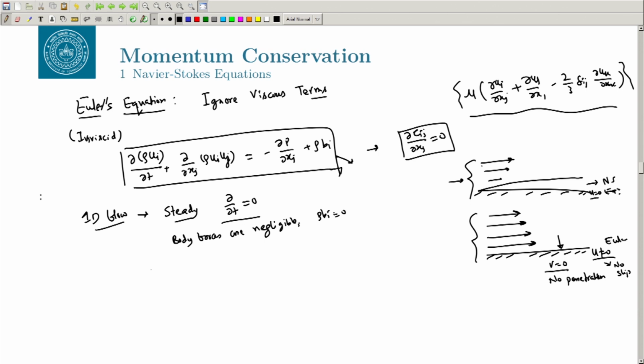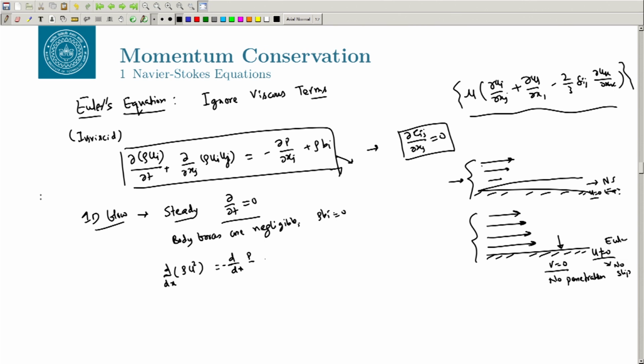Then it will become ∂/∂x. Remember, this is a 1D flow, so ui will be uj, and we get ∂/∂x (ρu²) is equal to −∂p/∂x. All other terms go to 0. Because this is 1D and steady, ∂/∂x can be written as d/dx, so we have −dp/dx.